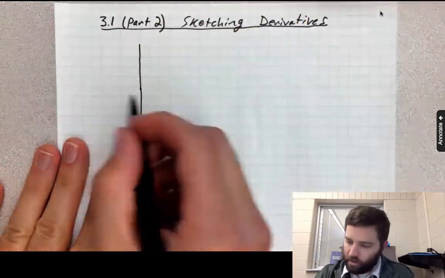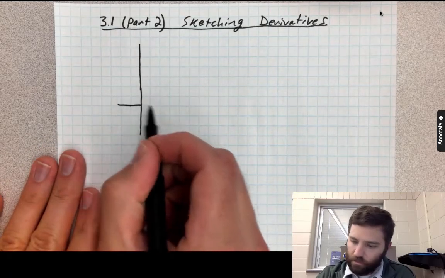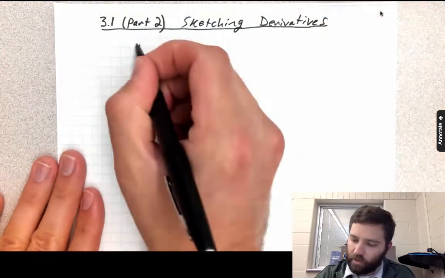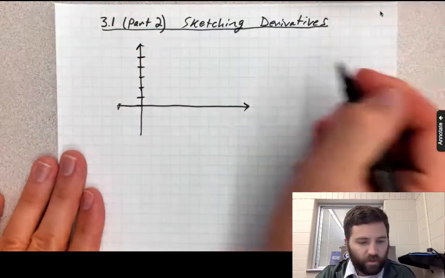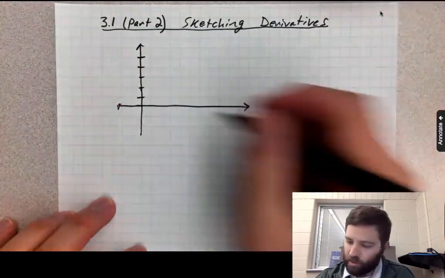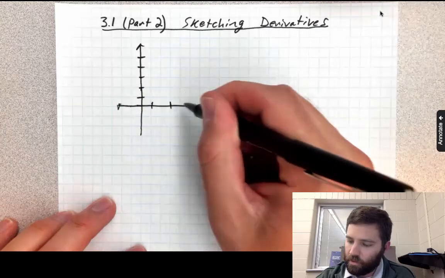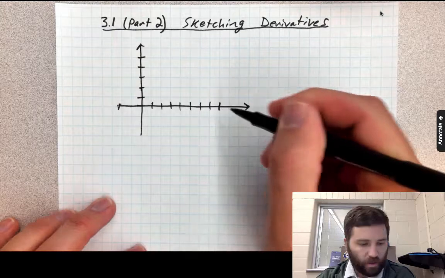Okay, so let's go. This function is going to be mostly positive, so we'll go 1, 2, 3, 4, 5, and then we'll go out. Okay, like this.